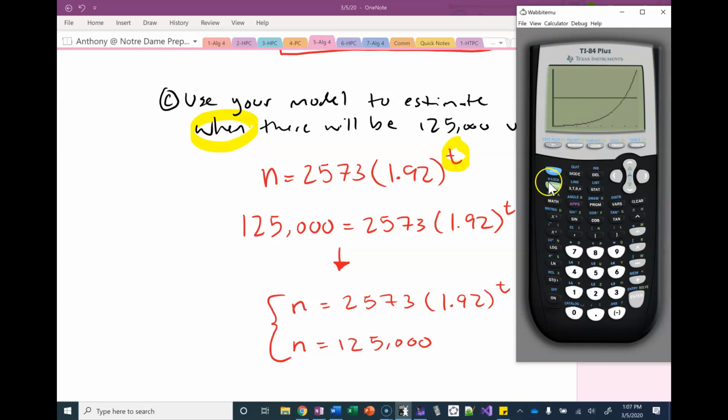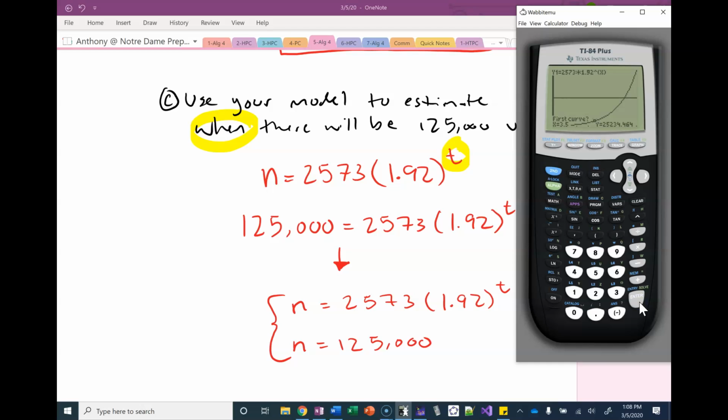So I'm going to press second and the trace button. The trace button is there on the top row. This menu is full of commands that I can do on the graph of a calculator. If I look at these commands, which one sounds like the one that I'd be interested in? Intersect. So let's scroll down and select the intersect command.